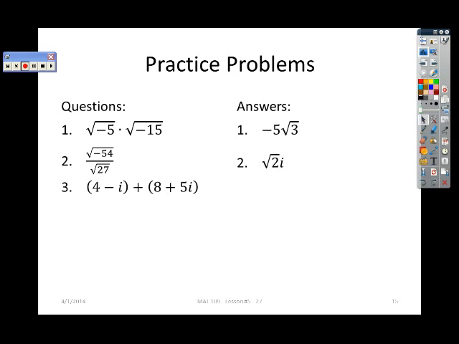Now, what if you want to add complex numbers? What would this result be? Remember that adding and subtracting complex numbers is just combining like terms.